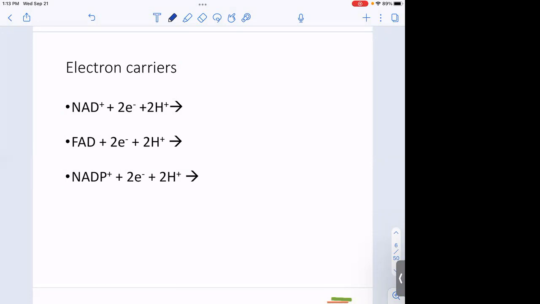NAD in its oxidized state, NAD plus, can carry a hydride ion. Let's write that here. It carries a hydride ion, which is actually 2 electrons and 1 proton.